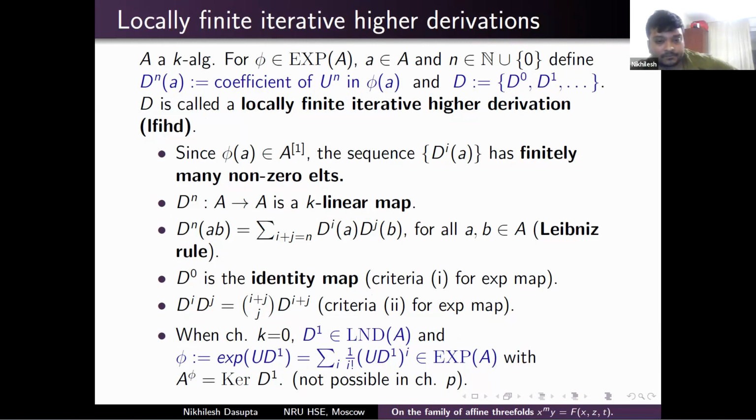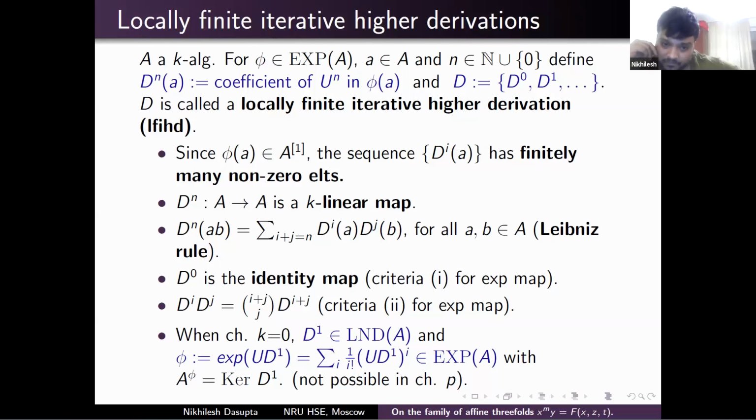This is the series with factorials in the denominators, and this doesn't work in positive characteristics. So this language of exponential maps, as you defined, or iterative higher derivations, is a substitute which is equivalent in characteristic 0, but also works in positive characteristics.